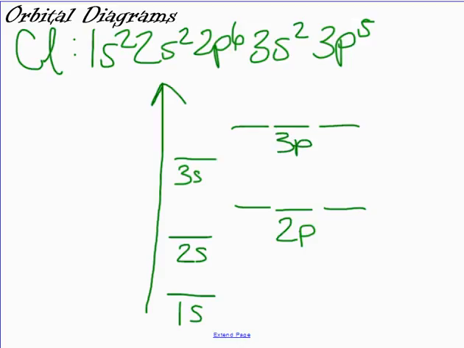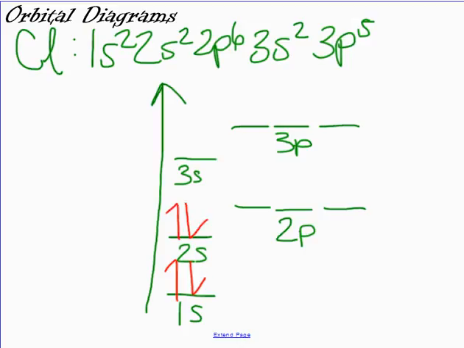Okay. Then the next, we're going to start filling in our electrons. And again, we show our electrons as arrows. Again, you can either do full arrow or half arrow. I do half. In 1s, we have 1, 2 electrons. 2s, 1, 2 electrons.